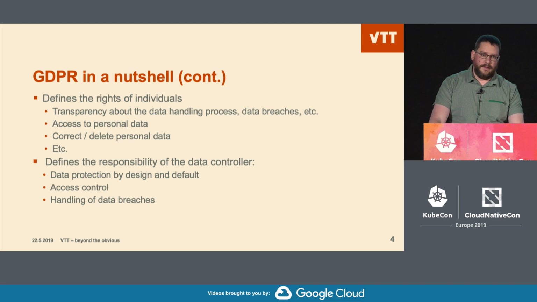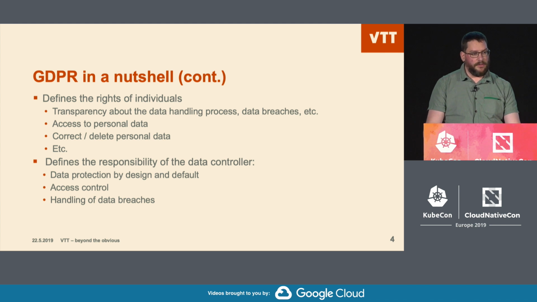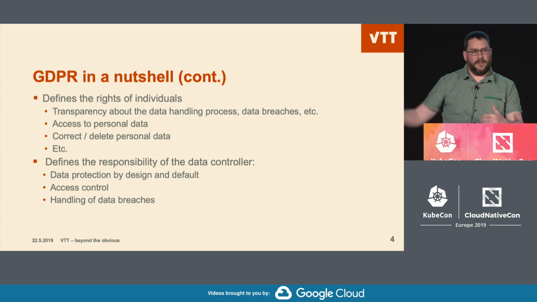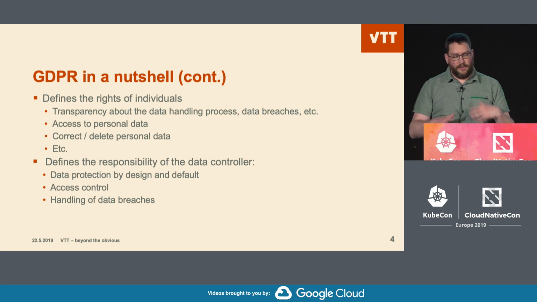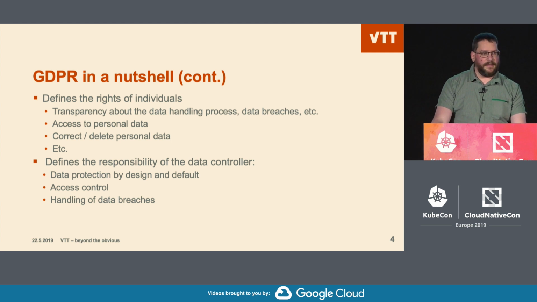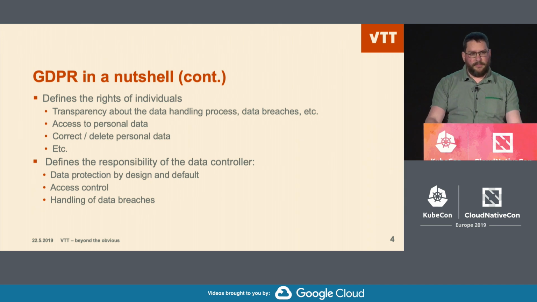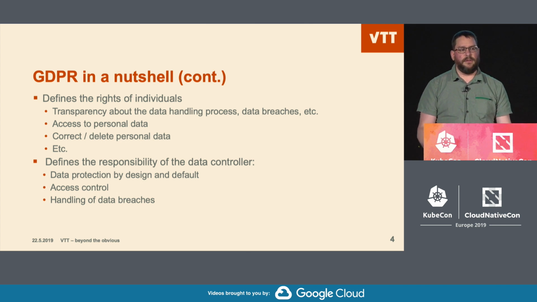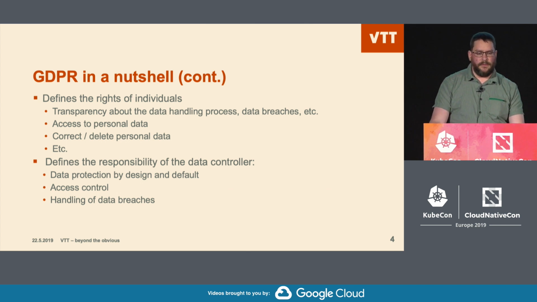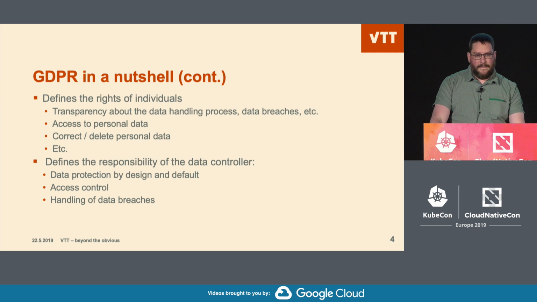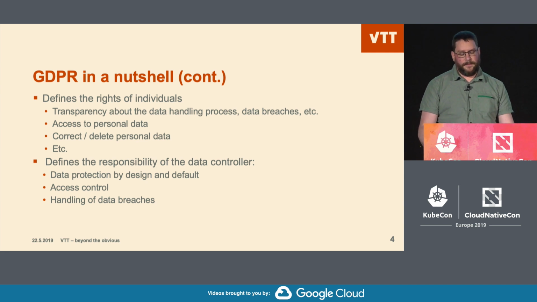And also it defines rules of what a company should do if a data breach would occur. So it's not enough anymore that after a couple of months you learn from a blog post or somewhere that a data breach occurred in this and this company. There is a quite short window of time when the company needs to notify the local data protection office that each EU country has, and then collaborate with them on how the fact that the data was breached is communicated towards the users.